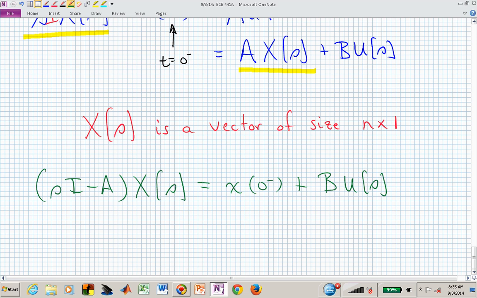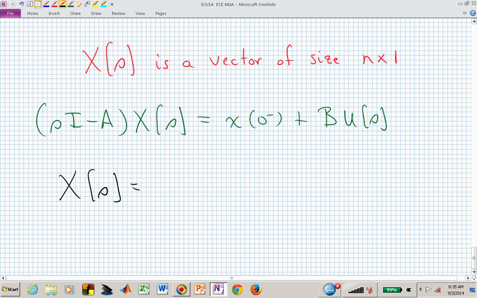If we now solve for X of s, remember, this beast on the left, this sI minus A, is potentially 12 by 12. It's a matrix. We have s, a scalar, times this identity matrix, I, and so now we have s's along this diagonal. And that now is being added, or minus A is being removed from sI.